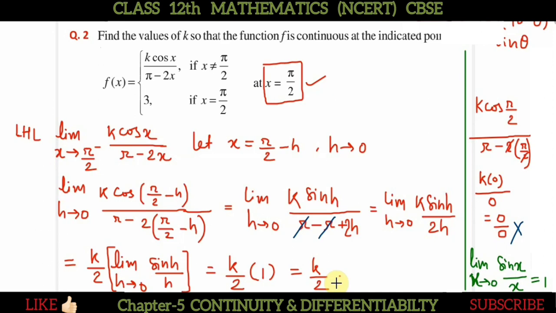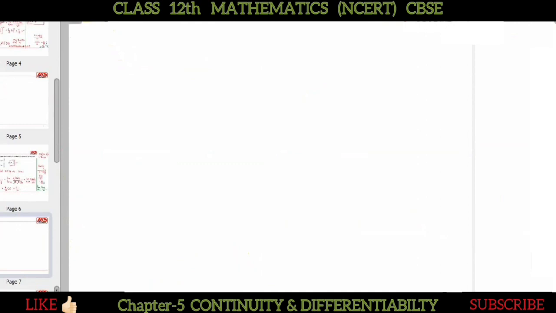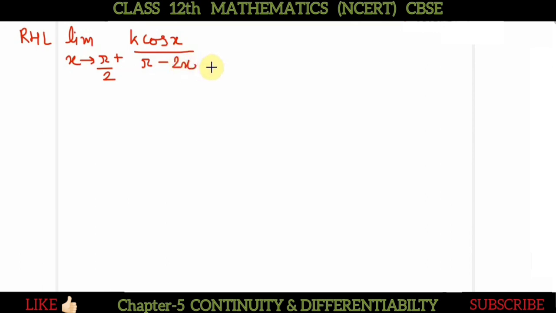So now we have to calculate the right hand limit, and let's move to another page. The RHL would be limit x tending to pi by 2 plus, and the function is k cos x upon pi minus 2x.